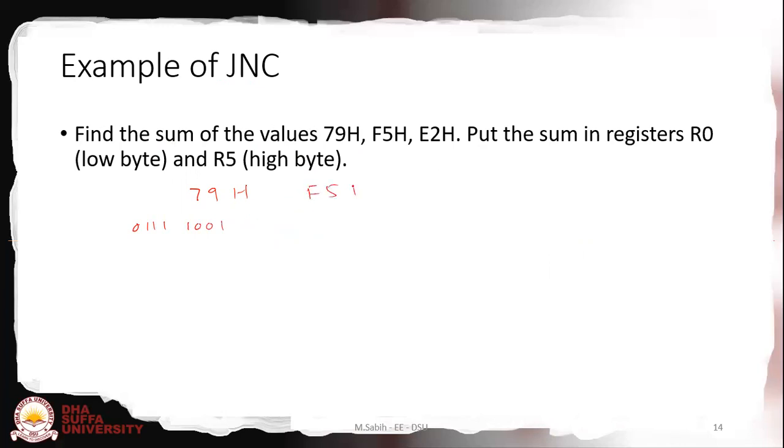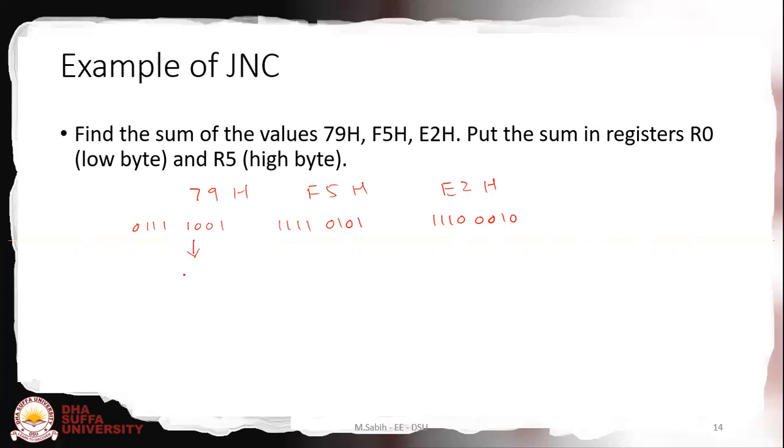F5 is 1111 and 5 is 0101. And E2 means 1110 and 0010. So how are we going to do this? If we add any of these, it will be very interesting. So let's do it, and the program will go like this.